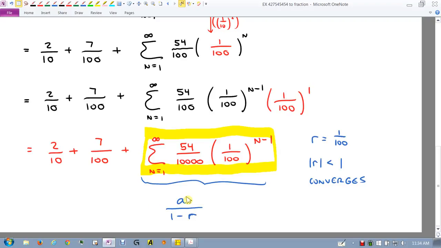So I'm out of room. I'm going to go to the next page. What's A in the problem? Sorry, I didn't label it. A was what? 54 over 10,000? Right, there's your A. There's your R. All right. Next page. Can I go or no?